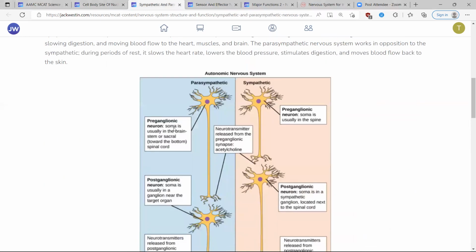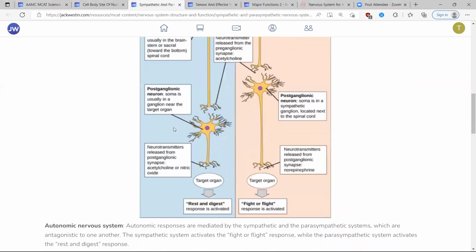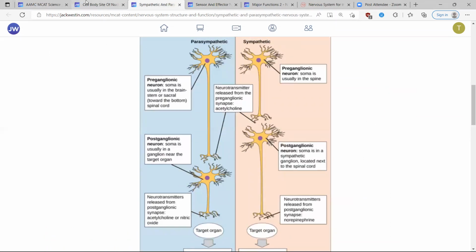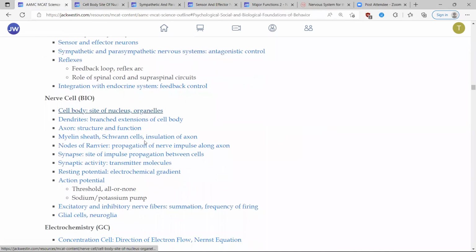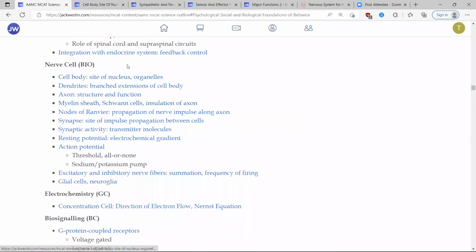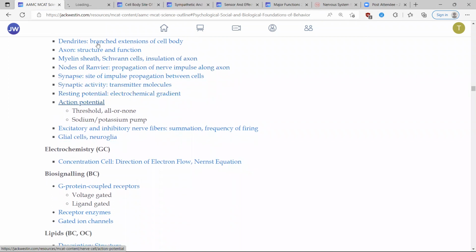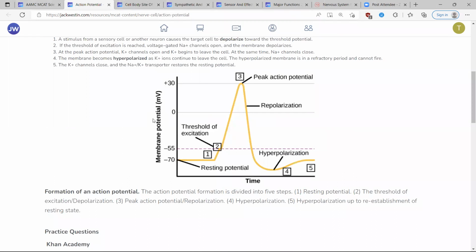We talked about this. Yeah, this is what we basically just talked about. Just seeing if there's any good pictures for action potential here.